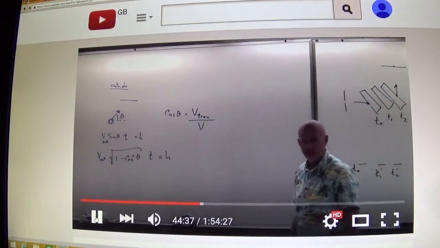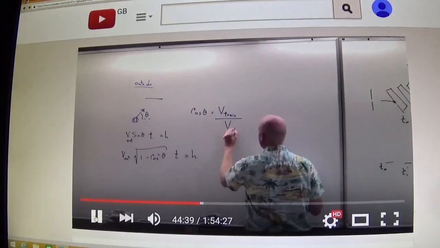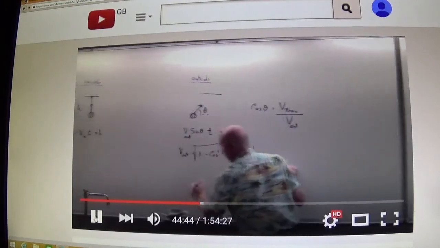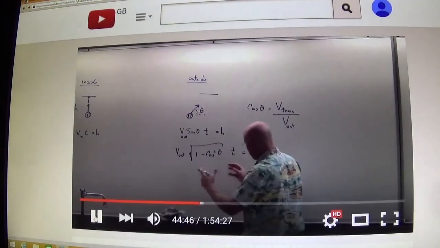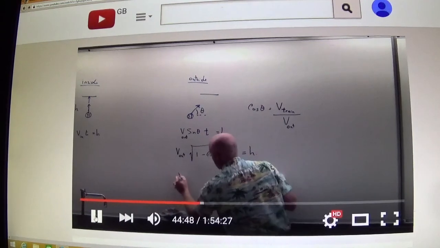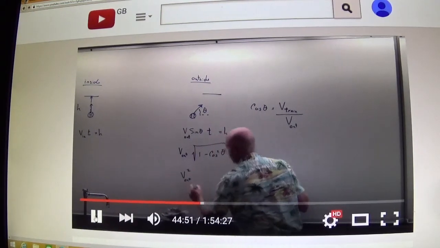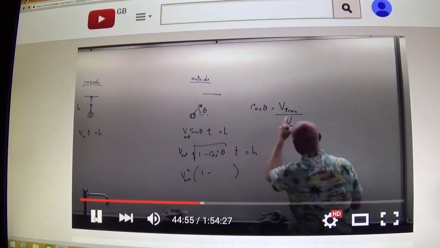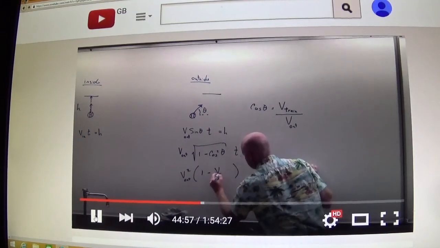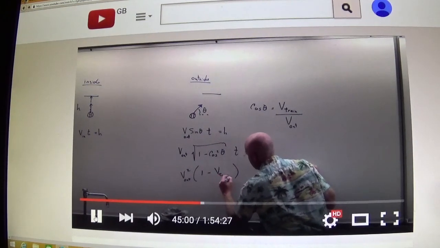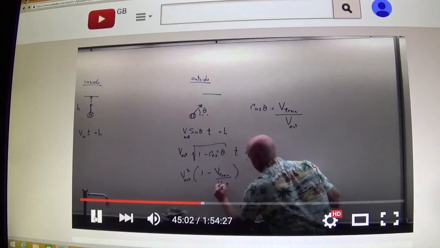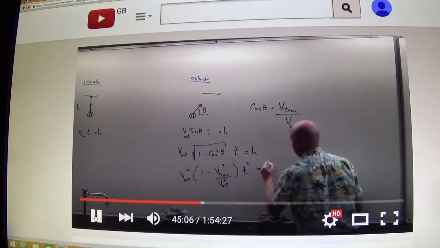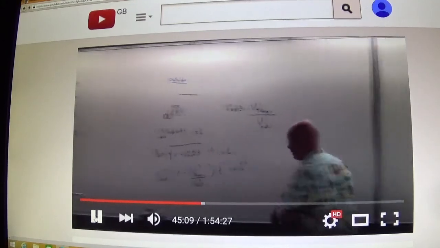Fair enough? And I'll say v on the outside. So maybe I'll square everything first so that I can get rid of this crazy square root. So I'll have velocity on the outside squared, times 1 minus, and in place of cosine, the velocity of the train divided by the velocity on the outside, squared, multiplied by time squared is equal to h squared. Fair enough?